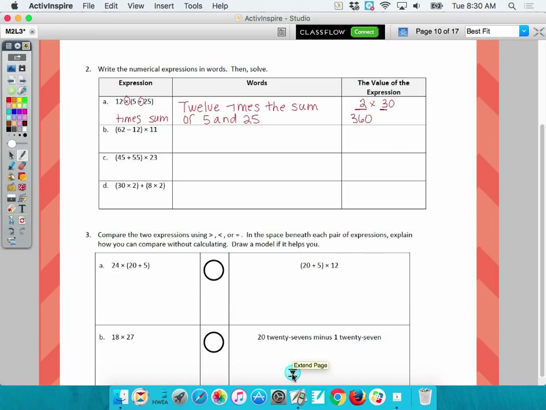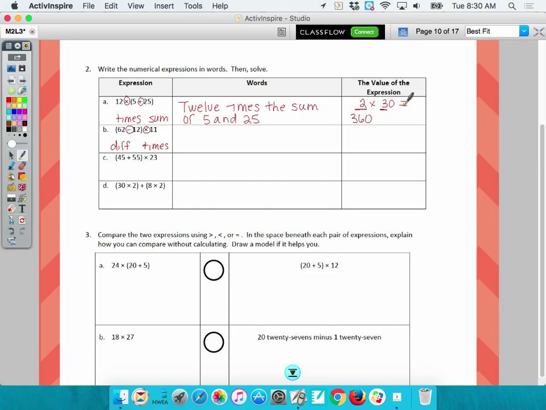What two operations do you see? Times and difference. Okay, which one's first? Difference. I'm just going to put diff and times. Okay. So, how am I going to do this? It's going to have to start with the difference.